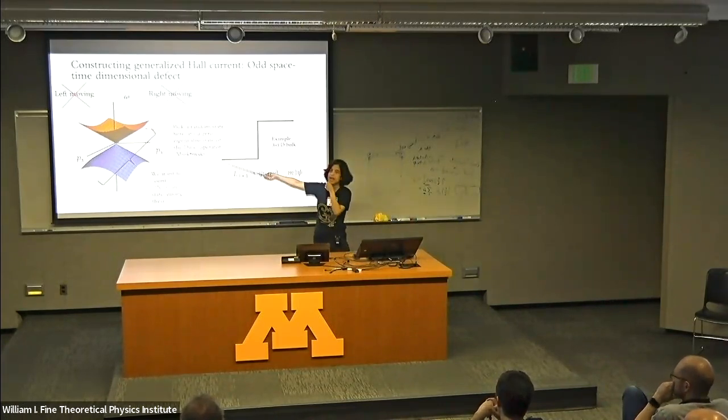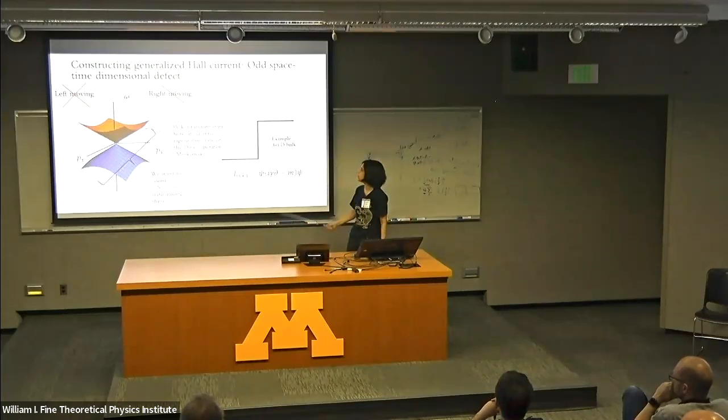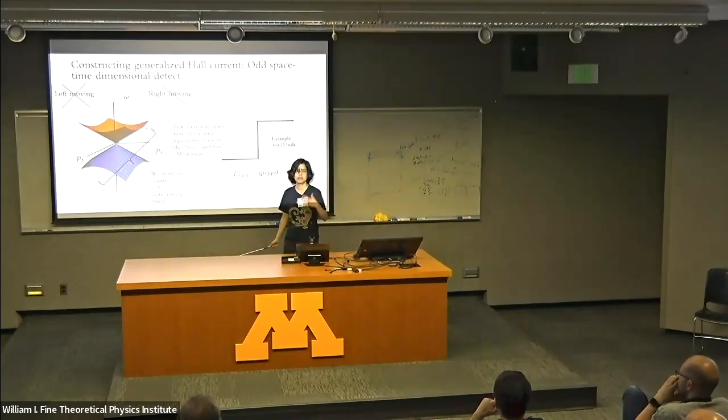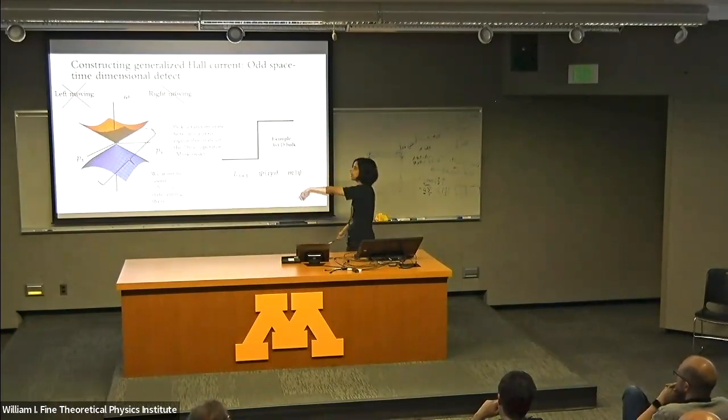If I pick any random state from here, it's a zero eigenvalue eigenstate of the Minkowski-Dirac operator. The whole theory, if I take the Minkowski fermion operator, these are massless eigenstates of that operator. For the purpose of constructing this generalized Hall current, I want to count only one of these states. I don't want to count these infinite number of states.